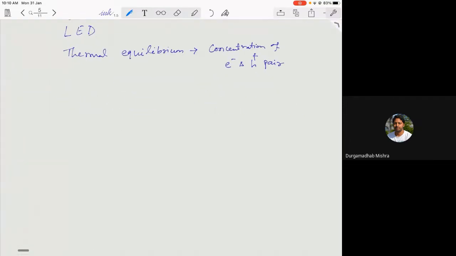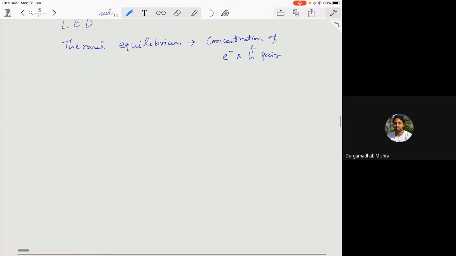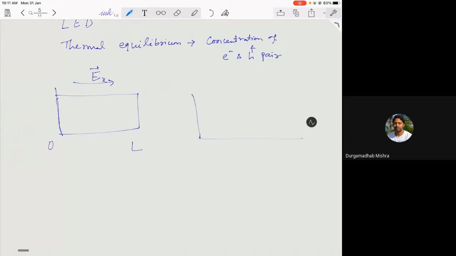If I am applying a voltage to the material, what would happen to this band structure, the schematic structure? Let's say this is my material, and now I am applying an electric field, Ex. The potential will vary something like this: if I plot the potential as a function of x, it will have a negative gradient.